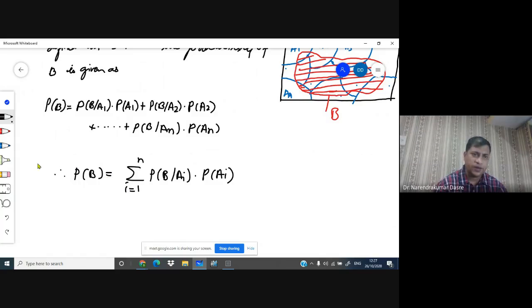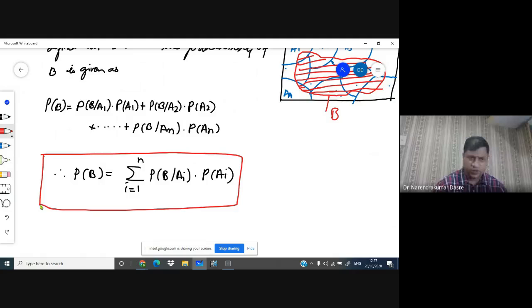So here we are considering the sum. That's why this is also called the addition theorem or total probability theorem. So we are defining the event over the partition. Okay, so here we have to be careful. We are defining the event over the partition. And once I define the event over the partition, then I have to consider the total probability theorem.